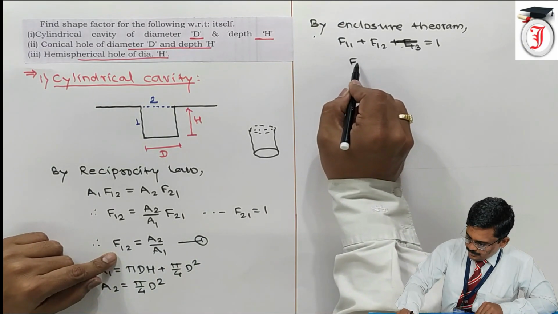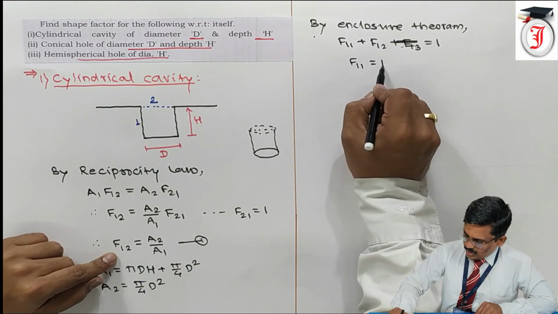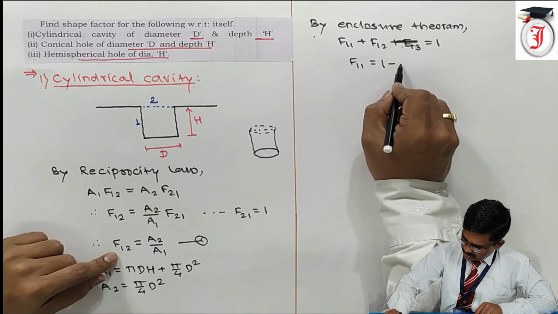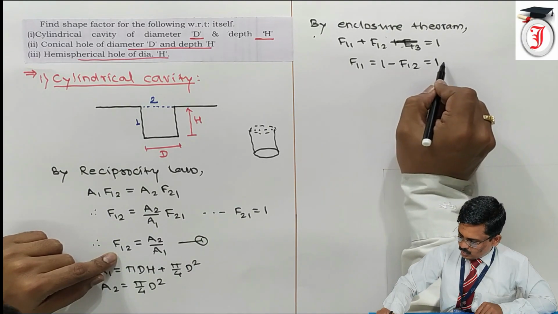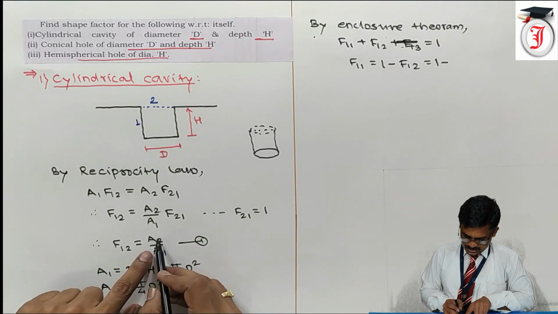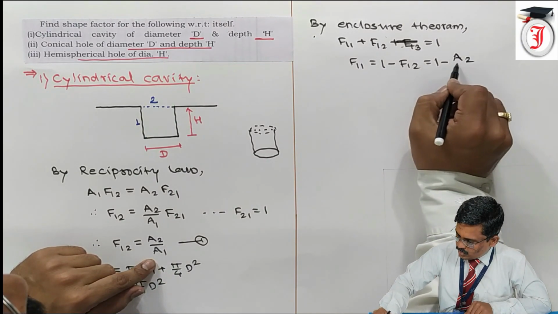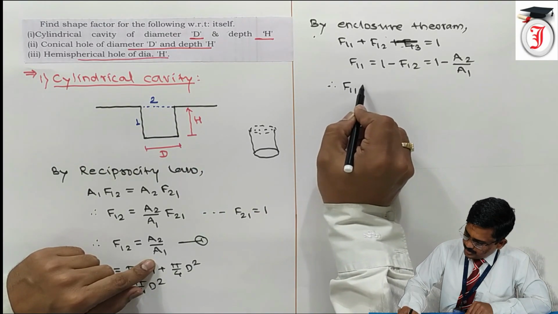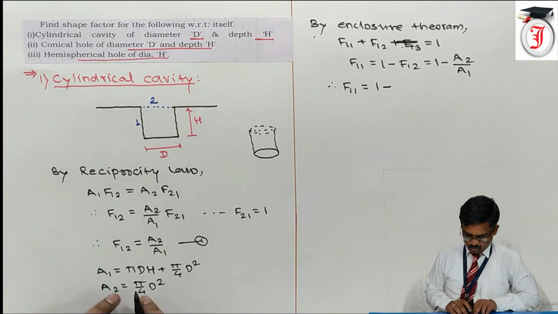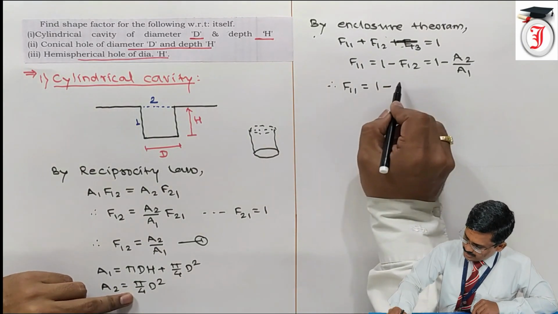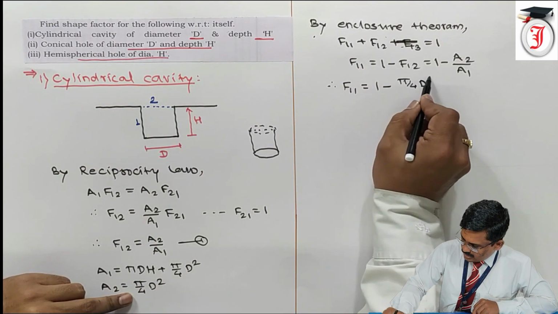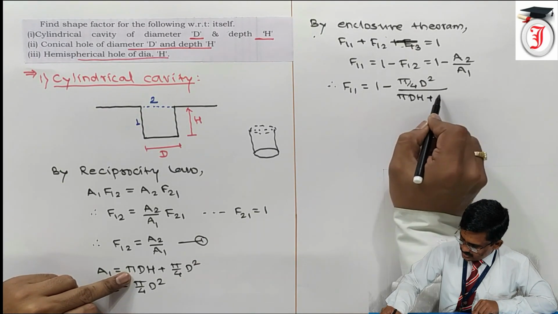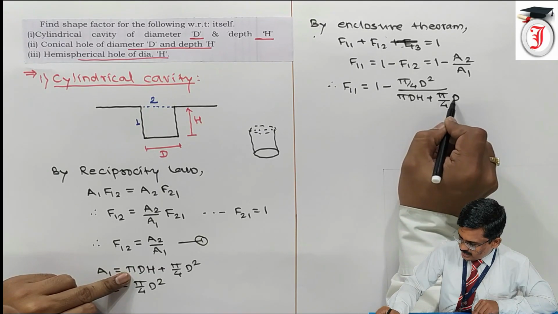So F11 is equal to 1 minus F12, and F12 is A2 upon A1. Therefore, shape factor of 1 with respect to 1 is equal to 1 minus, put the values of area, pi by 4 d square upon pi d h plus pi by 4 d square.